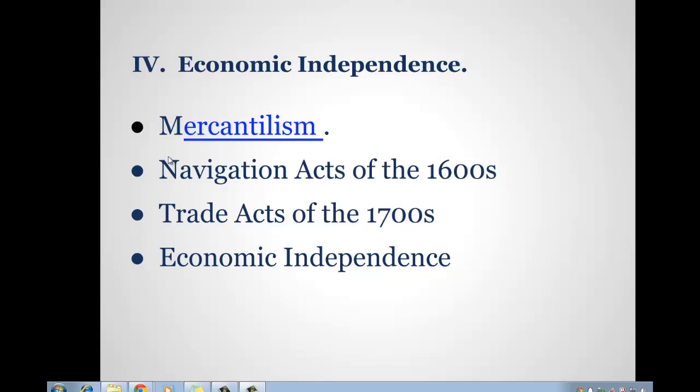And through the process of salutary neglect, what begins to become apparent to colonists by 1763, when England begins to enforce these laws like the Navigation Acts of the 1600s and the Trade Acts of the 1700s, and then imposes new laws to establish its authority for the first time, really, it becomes clearer and clearer to the colonists, its popular leaders like Sam Adams and John Adams and George Washington, Thomas Jefferson, that they are already and have been economically independent, that they never really did need England in the first place, except through customs and laws and protection. That would be a big factor there.